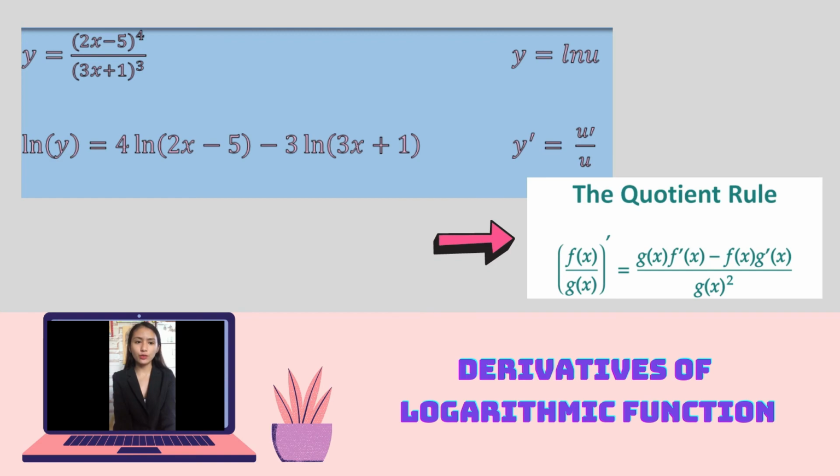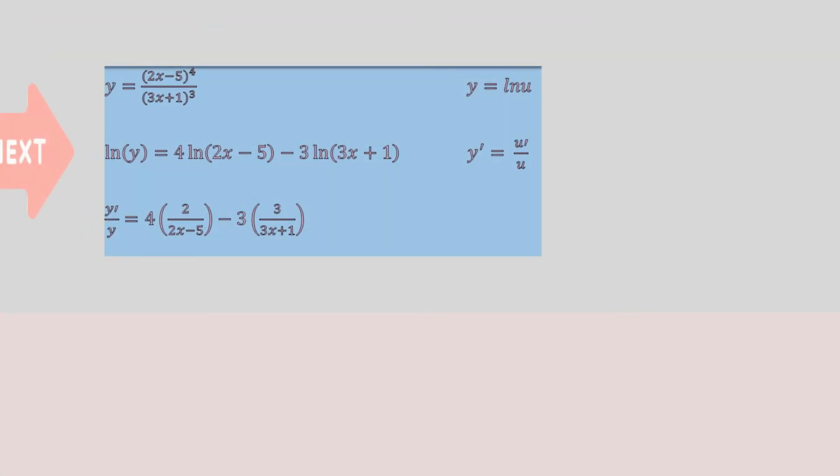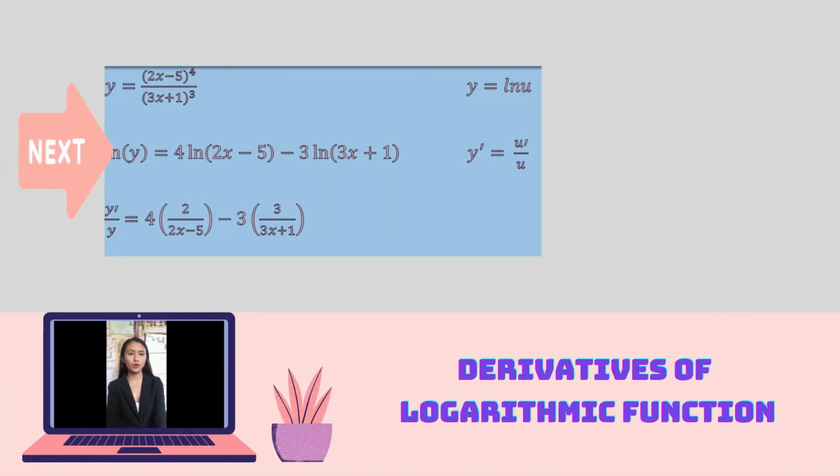Realize that if y equals the natural logarithm of u, then y prime equals the derivative of u over u unchanged. So we have natural logarithm of y equals 4 times natural logarithm of 2x minus 5 minus 3 times natural logarithm of 3x plus 1.